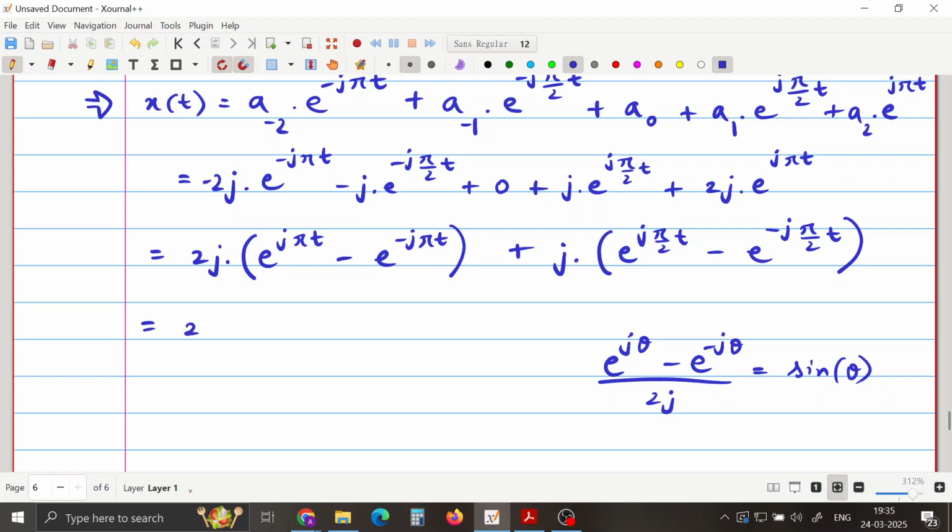My theta is pi into t here, so this term will become 2j sine pi t. And for the second term we'll have again 2j sine pi by 2 t.